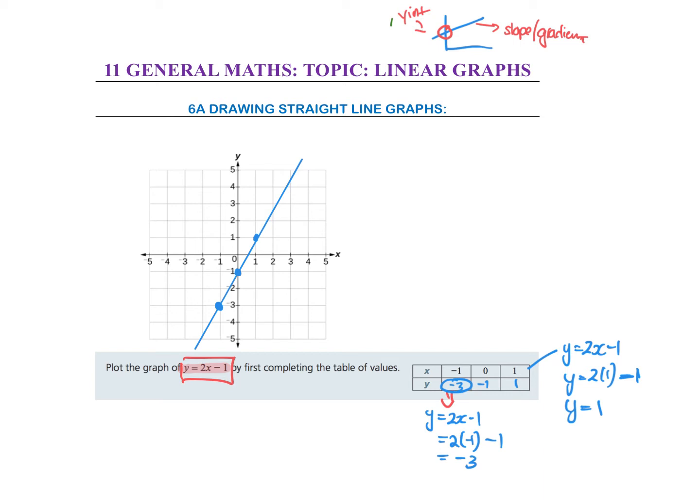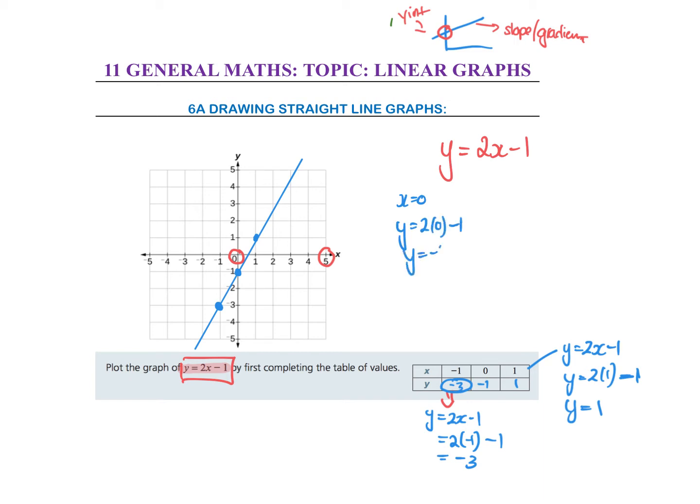So the best way, if I was asked to draw this line onto that graph without doing a table of values, a good way to quickly sketch it is often to pick, say, 2 x values. I'm going to pick the first one and the last one along that axis there, and sub them in and get 2 points.